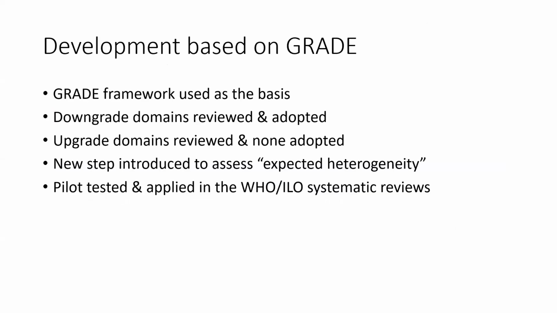As I mentioned previously in the introduction, this is clearly based on the GRADE framework. We have looked through the standard downgrade domains of GRADE, and you will see shortly that we have adopted all 5 of those. We have looked to GRADE for any upgrade domains that might be relevant to assessing prevalence studies in occupational health, but found that none of these were applicable, which I will talk about a little bit more in a second.